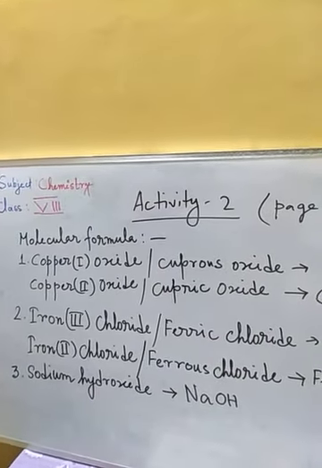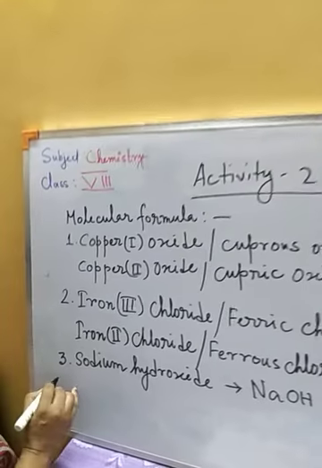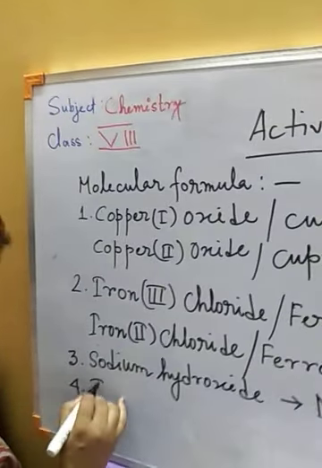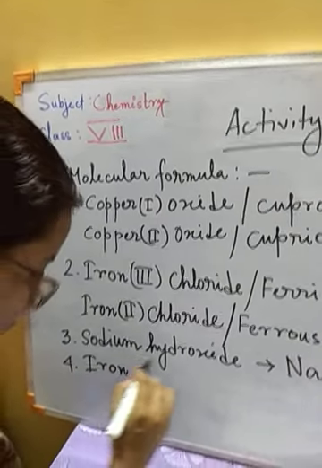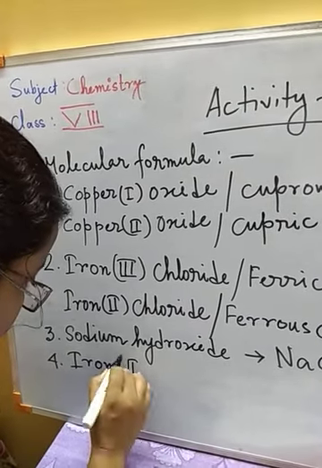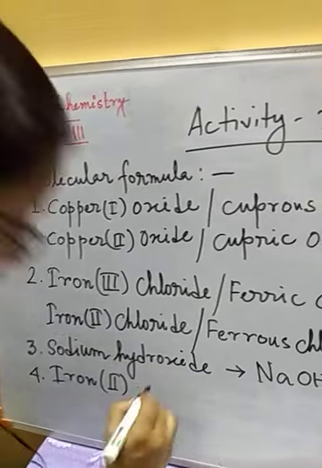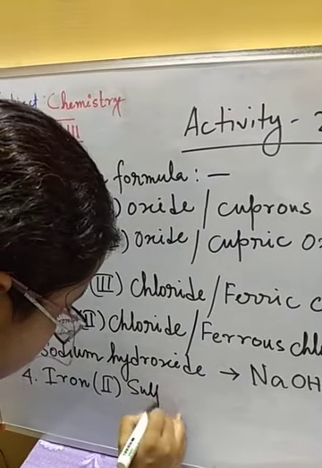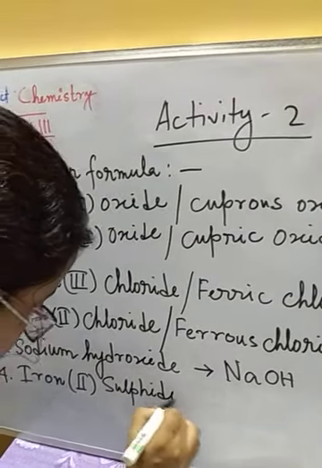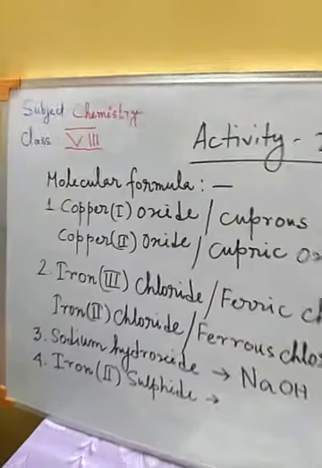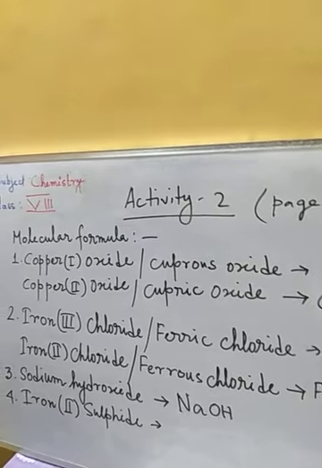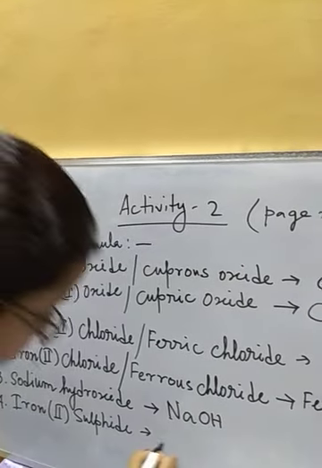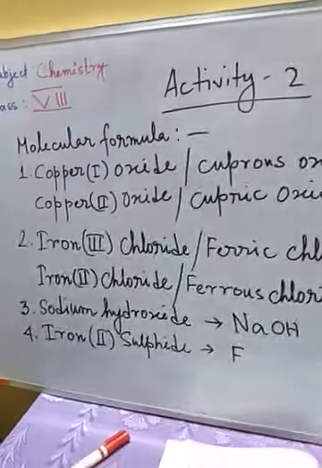Next, number 4, iron 2 sulfide. Here iron is using its +2 valency, and sulfide's valency is also 2.